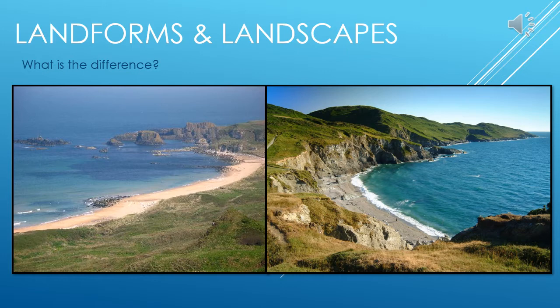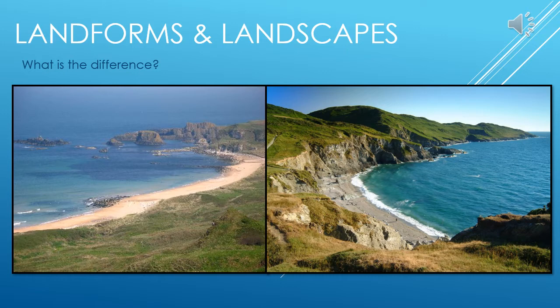Say for example the picture on the left, you've got lots of stacks and stumps out in the sea, and you've also got a beach. Those are all landforms. The landscape is the whole coastline that those are within. So from one side of the picture to the other is the landscape, and the different features you can see within it are the landforms.